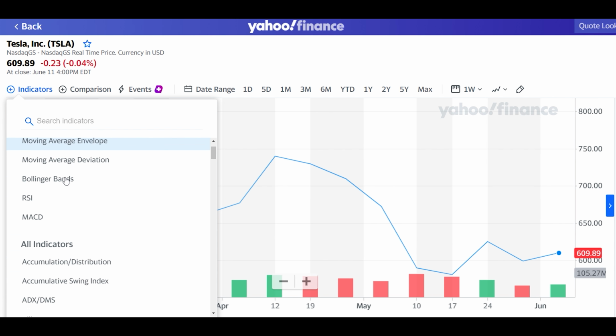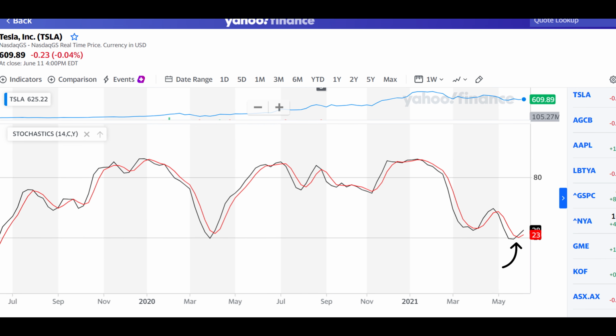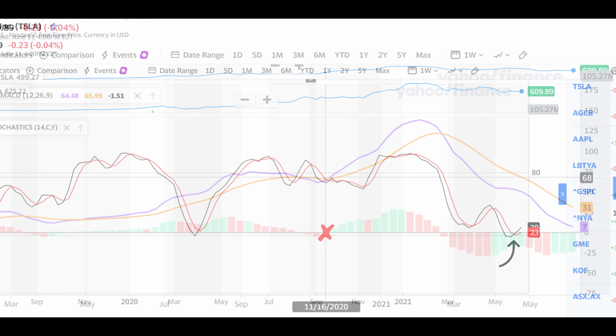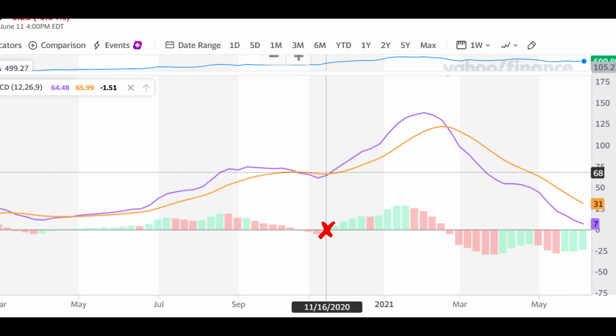Okay, but what about my technical indicators? The stochastics just crossed up through the 20% line, the MACD crossed up through the x-axis. I know the big money is flowing back into this stock, which is going to drag that stock price up. Well, that may be true, but when you think about technical indicators, what's stopping the business from making a market announcement tomorrow that isn't taken well by investors?